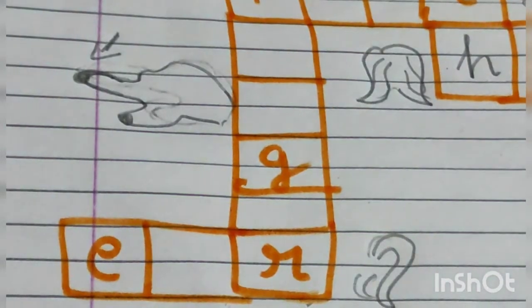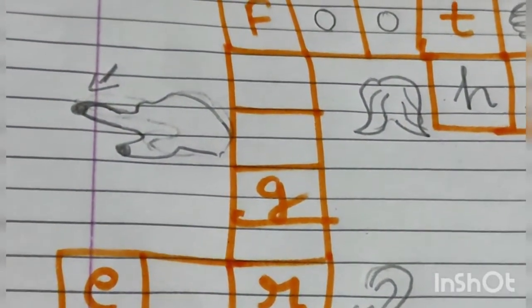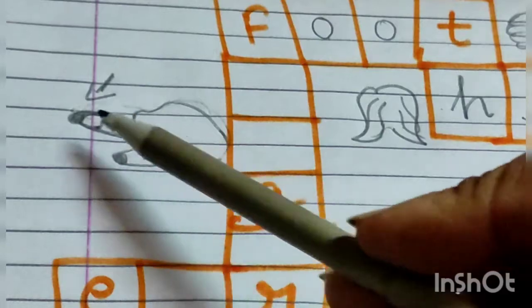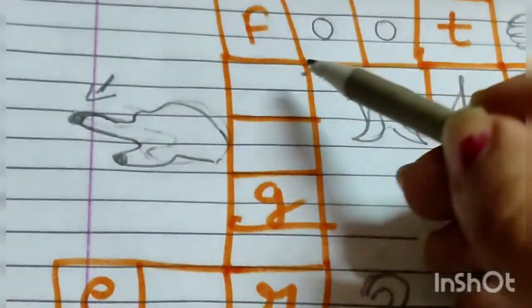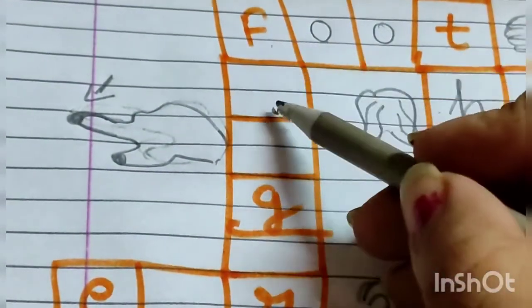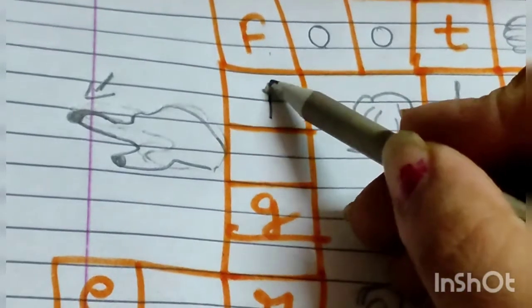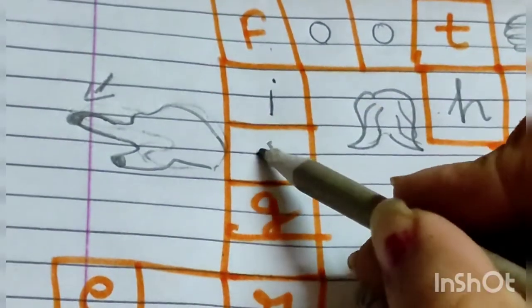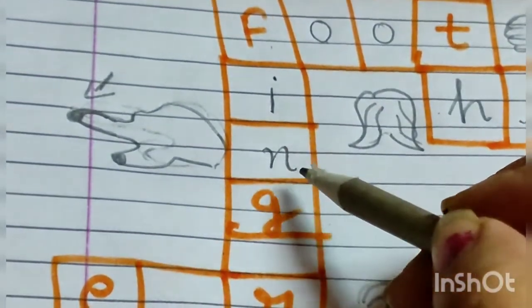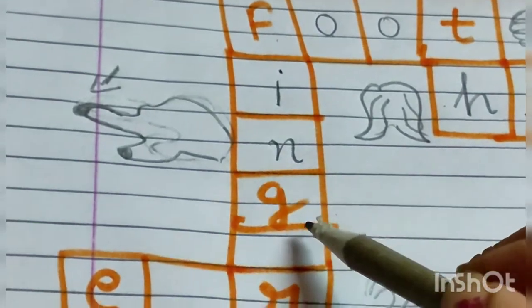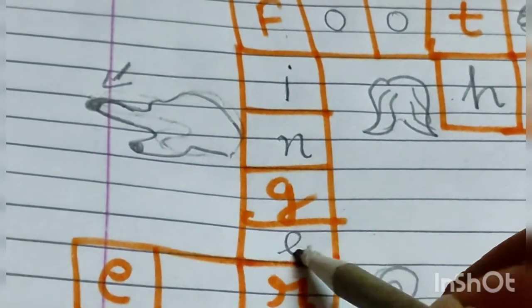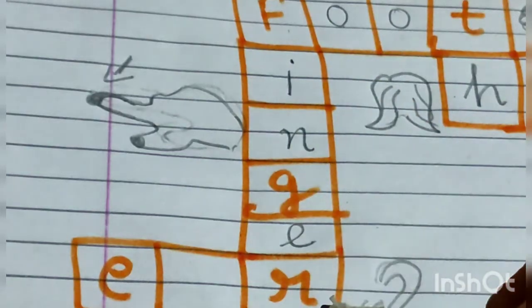So this way we can find out next picture is of finger. So F is given here, FINGER. So it will be finger.